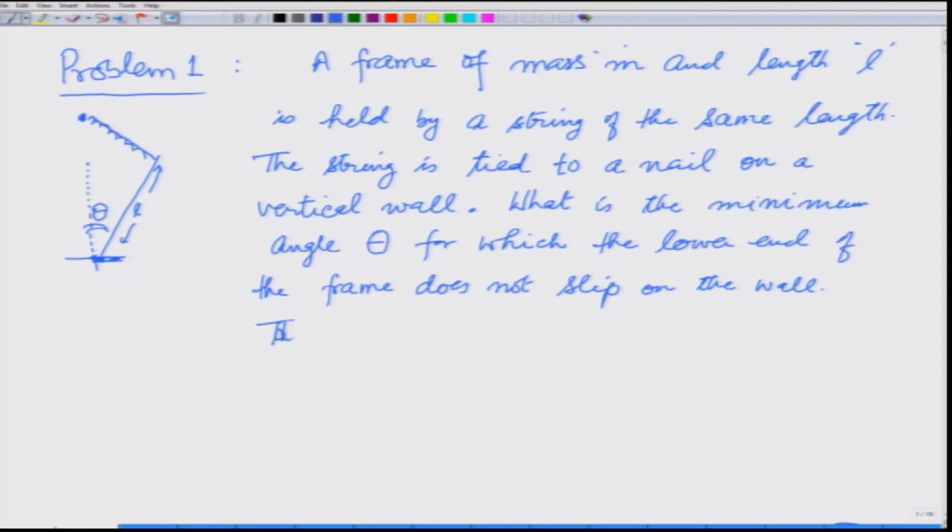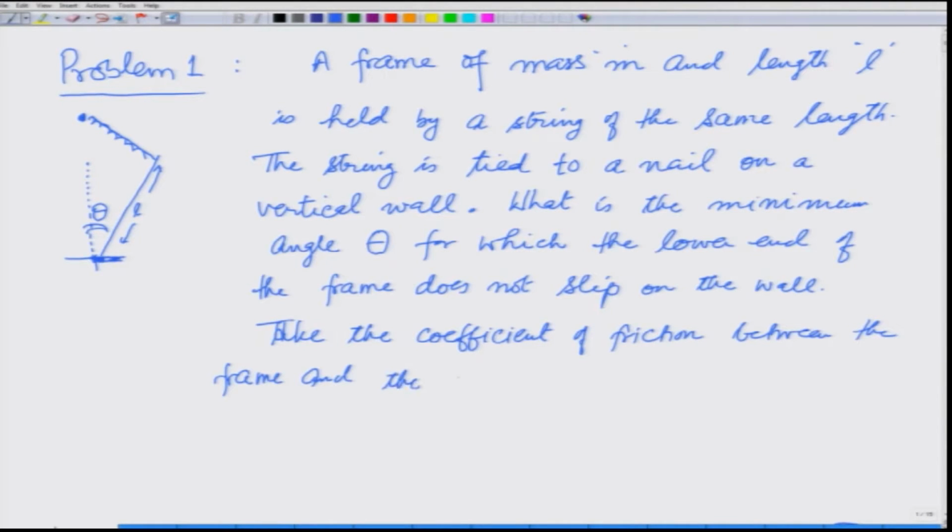Take the coefficient of friction between the frame and the wall to be mu. This problem is taken from my book, and so are the other two problems that I am going to do.